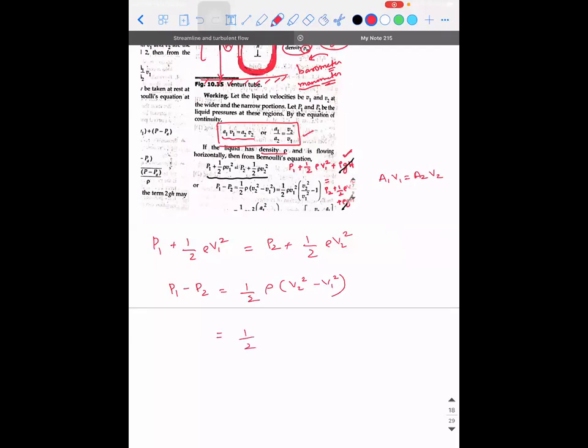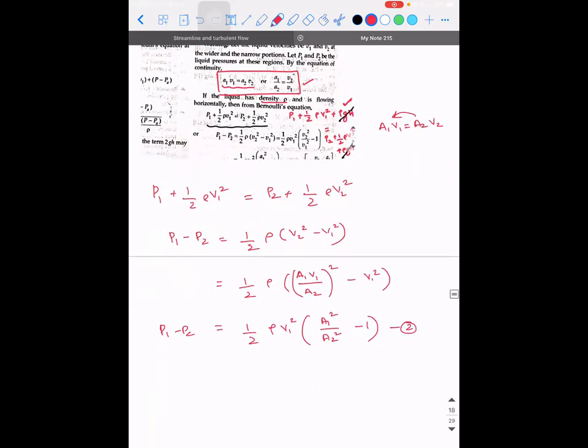So this will be half into rho into, what is V2? V2 is nothing but A1 V1 by A2. So A1 V1 by A2, the whole square, minus V1 square. So can I write it as half rho into V1 square into A1 square by A2 square minus 1, that is P1 minus P2.